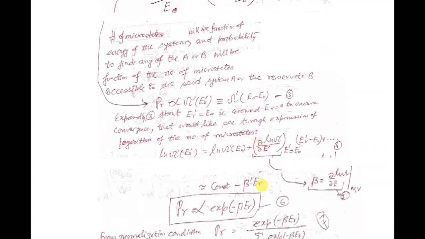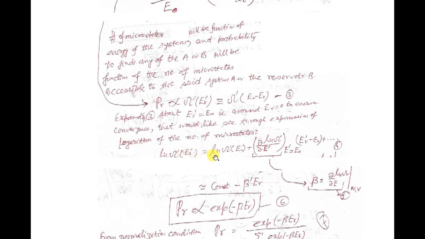From there we can have a series-like expansion of log of omega dash ER dash. Omega dash is a very big quantity, so we take the log of omega dash for convergence.